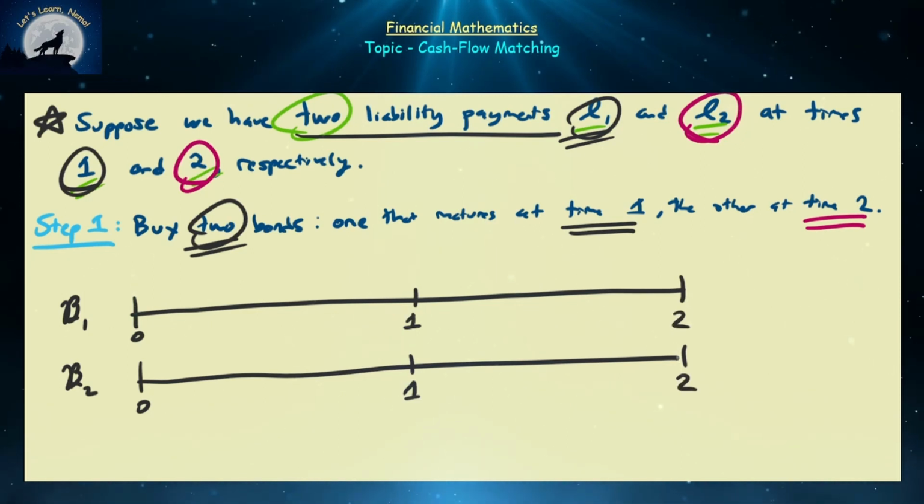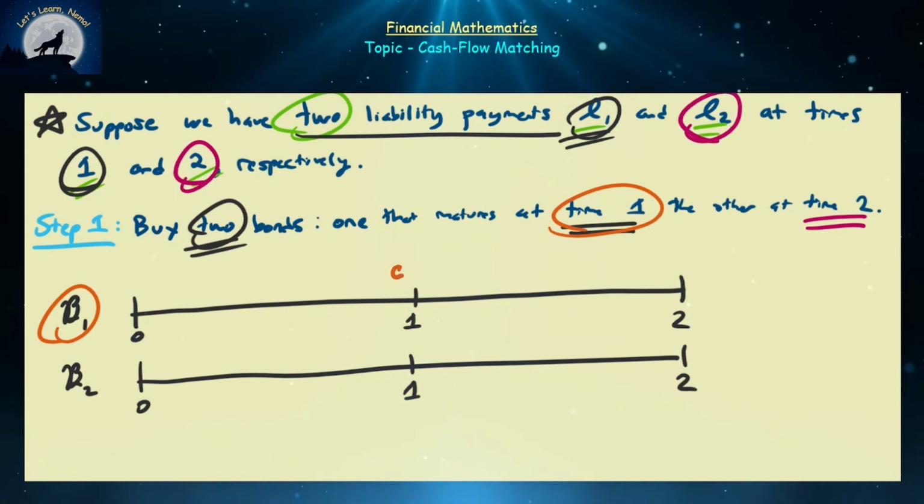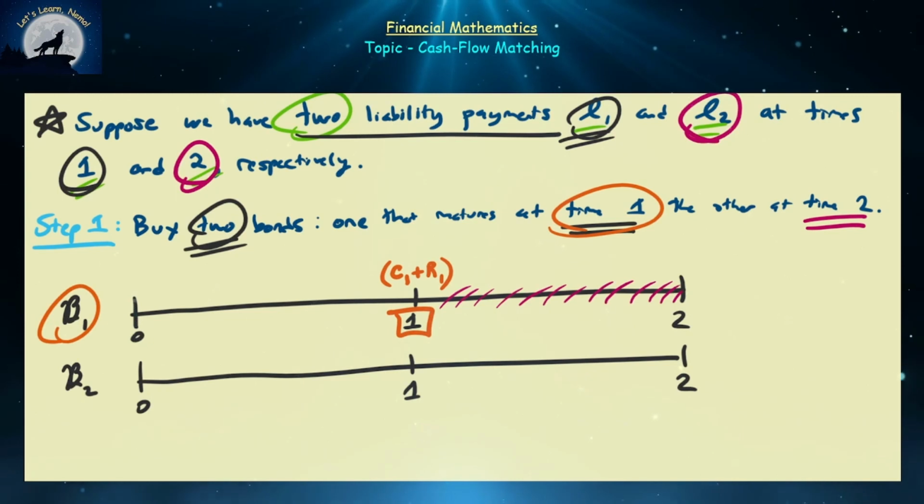Bond 1 is going to be maturing at time t equals 1, let's assume. Therefore, we're going to have a coupon payment, let's call it C1, and we're also going to have a redemption payment of R1. Since it matures at time t equals 1, bond 1 doesn't really exist after t equals 1. Whereas bond 2 matures at time t equals 2.